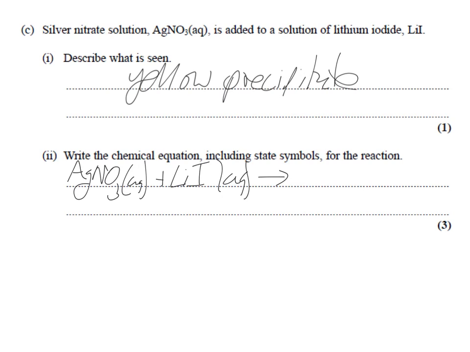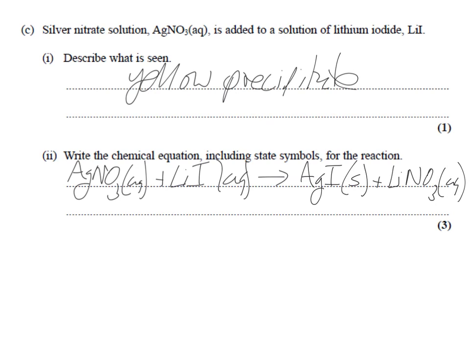And the identity of this yellow precipitate is that it's silver iodide. So the silver ions and the iodide ions come together to form this precipitate, and that's a solid because it's a precipitate, and the ions left over are lithium nitrate, which is in solution.